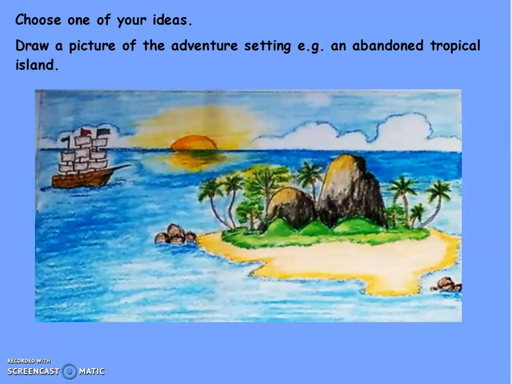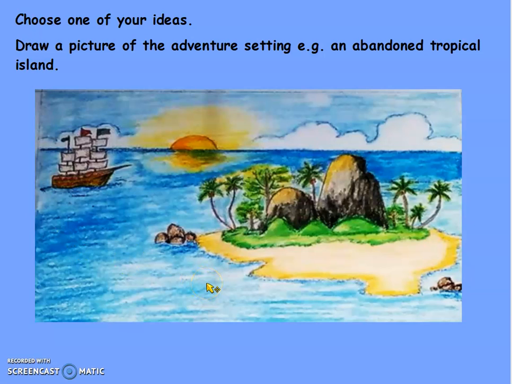For example, I chose to do the tropical island, and I have drawn this picture. You can see the clear blue sea, beautiful golden sandy beach, palm trees in the breeze, the sun shining in the distance, looks like a hot sunny day, and a ship.